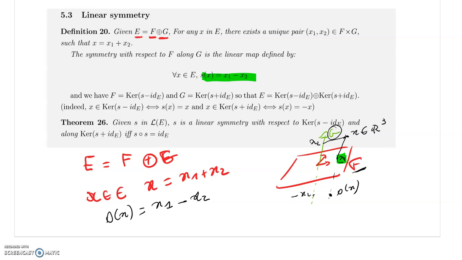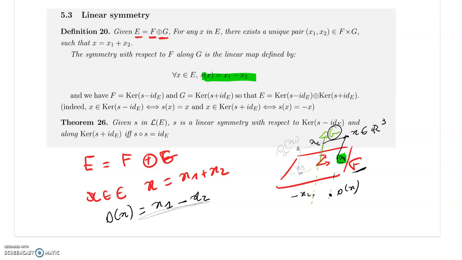If I did the contrary, if I took the symmetric with respect to G along the direction F, I would take the opposite of x1, that would be minus x1, and the same x2. Okay, so this would be the symmetric with respect to G of x. That would land here. You land on the other side of your space. That's one way to see that.